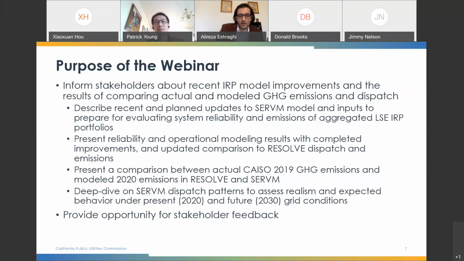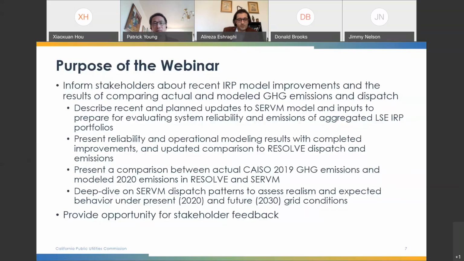Now a bit of background about the topic of today's webinar. As most of you are familiar with the IRP modeling process, CPUC uses the Resolve capacity expansion model to design portfolios of new resources expected to meet electric system planning goals at least cost. Resolve simulates hourly dispatch of resources to meet electric demand and reports annual GHG emissions as part of its portfolio optimization.